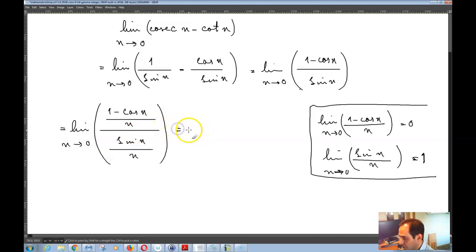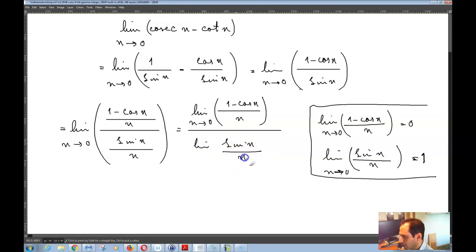Then this is the limit of 1 minus cos x over x as x tends to 0 over the limit of sine x over x as x tends to 0, and this is equal to 0, this is equal to 1, so the whole thing is 0 over 1, which is equal to 0. Okay.